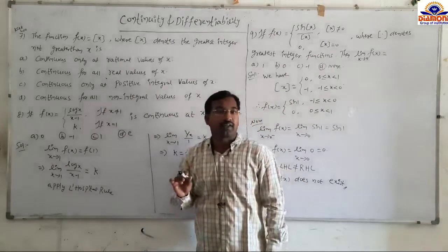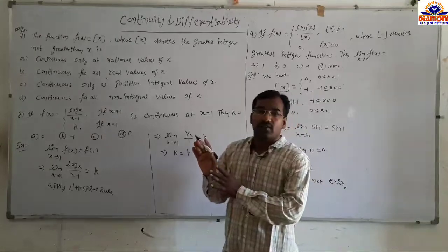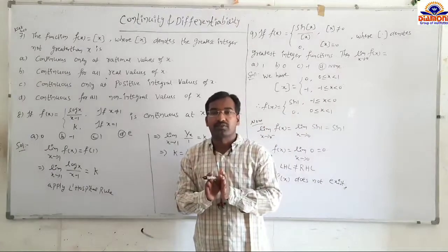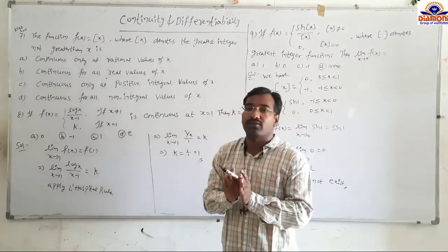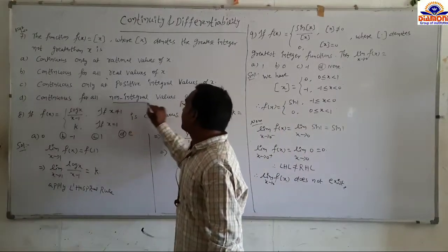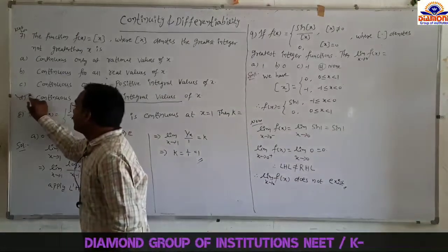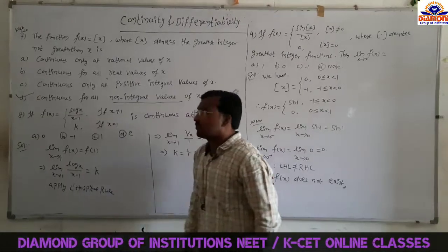This question repeated in KSET 2010. This is a standard result. Step x is always continuous for all non-integral values of x. This is the standard result. So option D. Next problem.